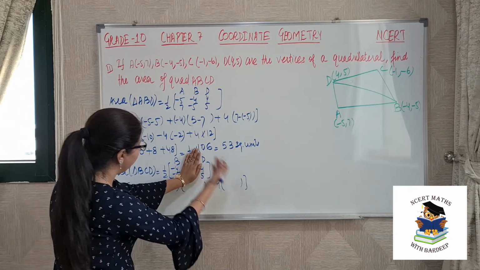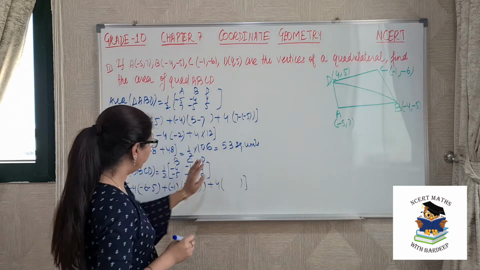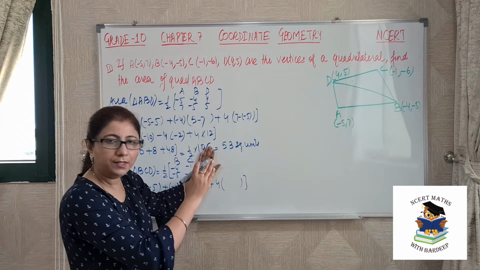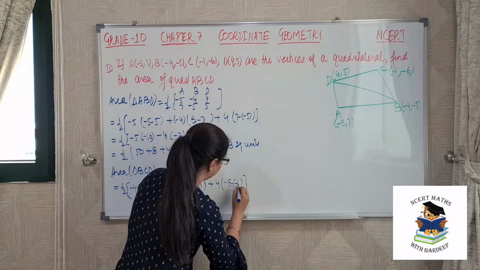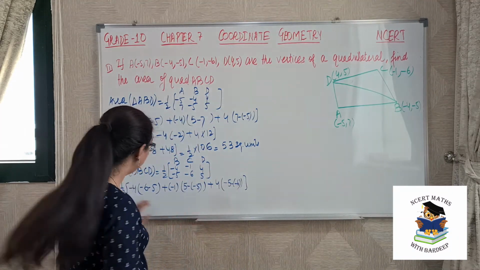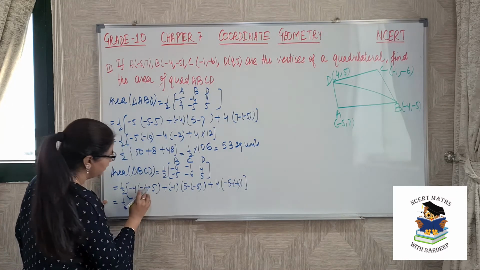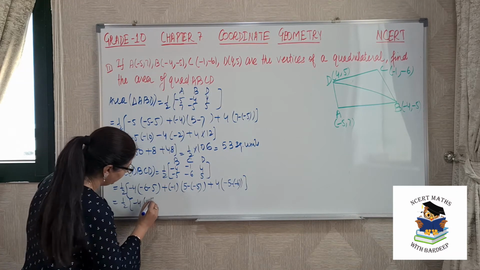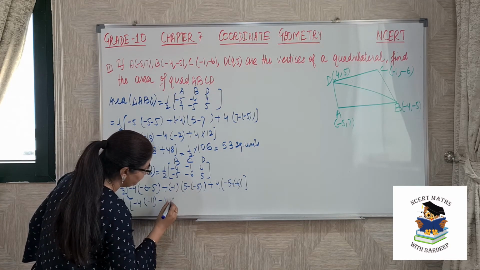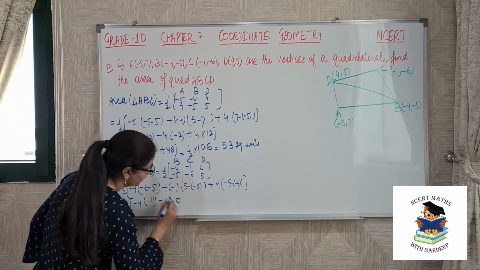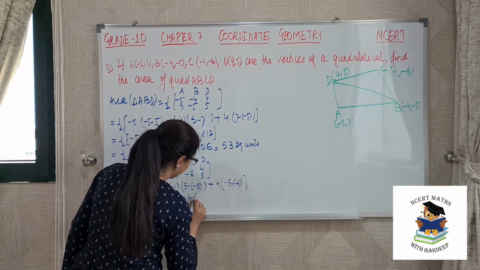Here difference is 5 and minus 5. Okay, for this point difference of minus 5 and minus 6. Minus of minus 6. Okay, so now this is half of minus 4 times (minus 6 minus 5), minus 11. This is minus 1 times (5 minus minus 5), plus. So 5 plus 5 is 10. And again 4 times (minus 5 plus 6) is 1.